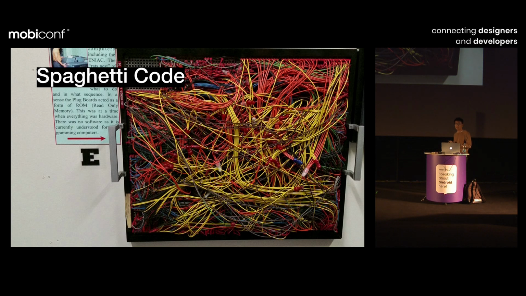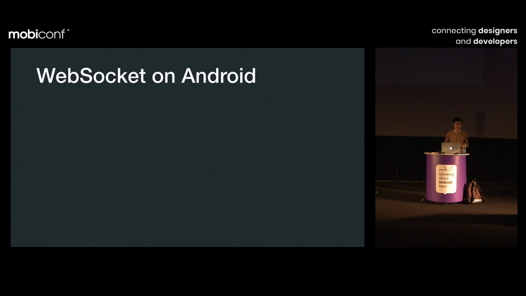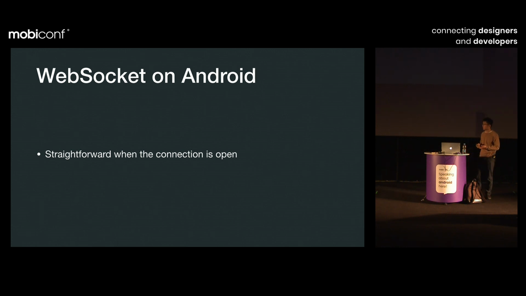What makes WebSocket on Android prone to spaghetti code? Well, it's because state management is complicated on Android. We are dealing with a lot of asynchronous events here, and as programmers, we tend to focus on the happy path and overlook the error case. WebSocket is straightforward to use when the connection is open.